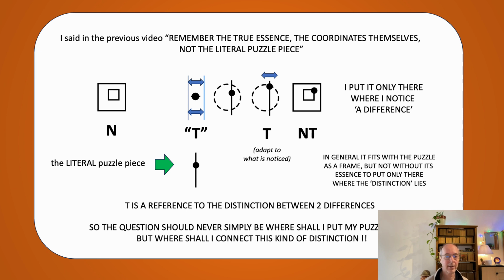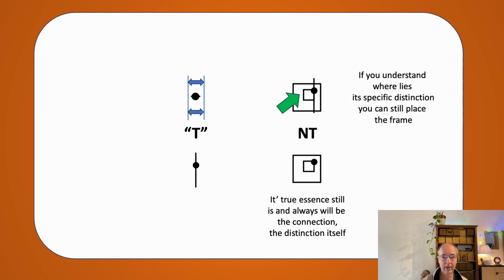Still you can combine it, but it is a combination of knowing where to put the frames and knowing where to put the connections. Both of them, of course, are important.